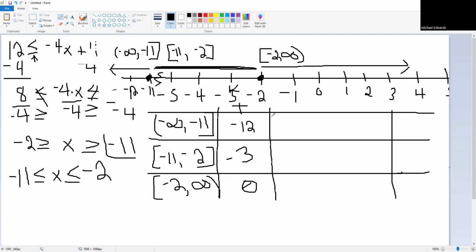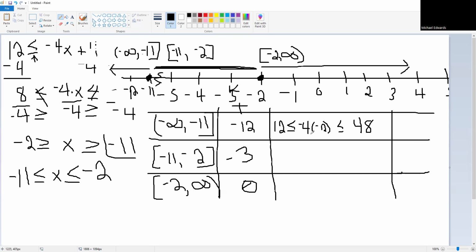All right. So for this one, we would write 12 less than or equal to negative 4 times negative 12 less than or equal to, oh, what was that? 48? It was 48, yeah. All right.